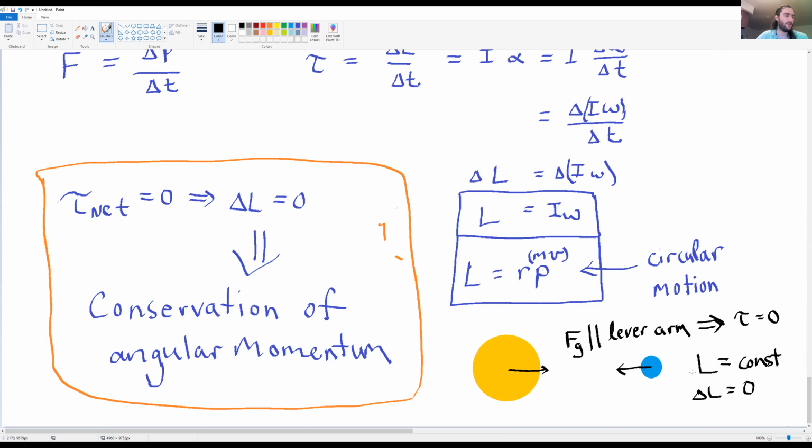There's another really nice thing I would invite you to try for yourself, and maybe I can show you right now as a short demonstration. It has to do with this equation: the angular momentum is the moment of inertia times the angular velocity. I will pull up a video to show you.